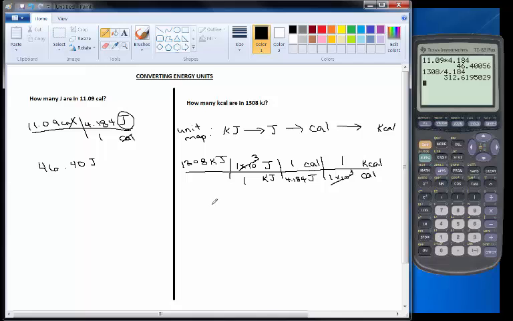Our final answer will be 312.6. Kilojoules cancels out with kilojoules, joules cancels out with joules, calories cancels out with calories, to leave us with the unit kilocalorie. So this will be our final answer.